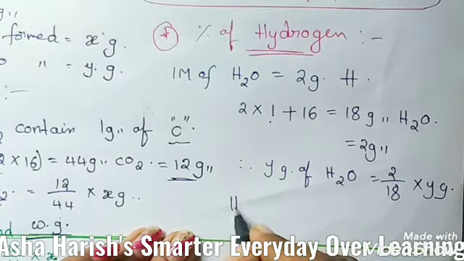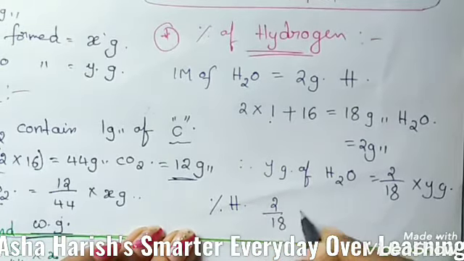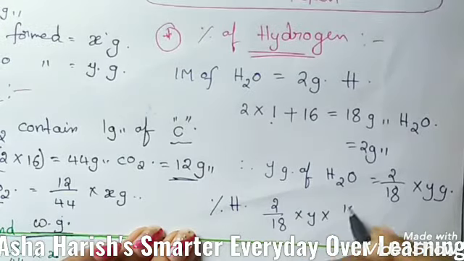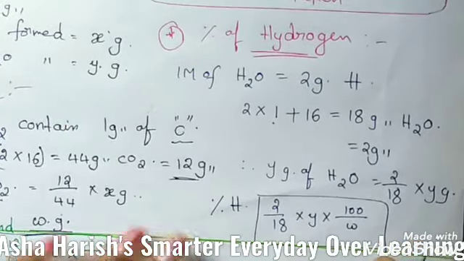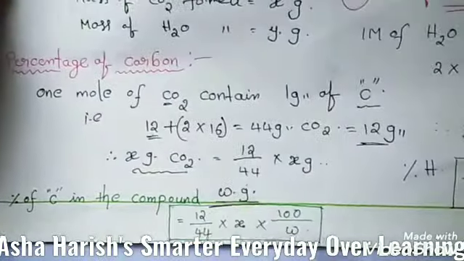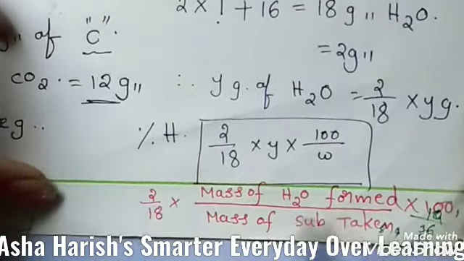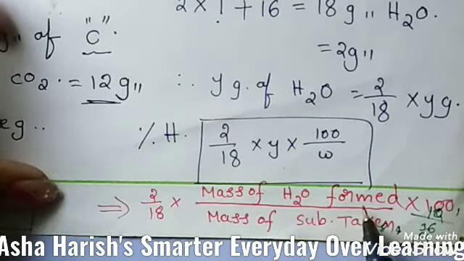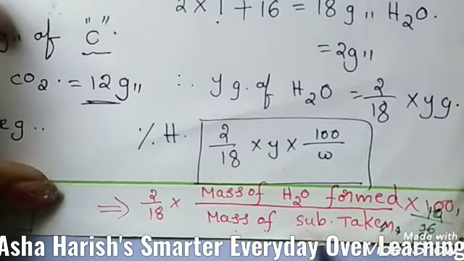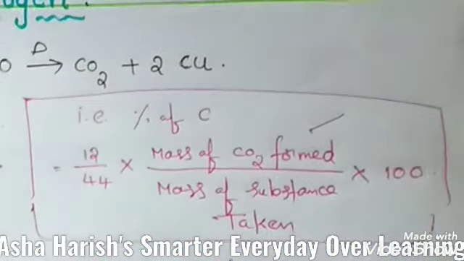Now the percentage of hydrogen in the compound is 2 by 18 into Y into 100 by W. According to the previous one, we can derive the final formula: the percentage of hydrogen is 2 by 18 into the mass of H2O formed, divided by the mass of the substance taken, into 100.